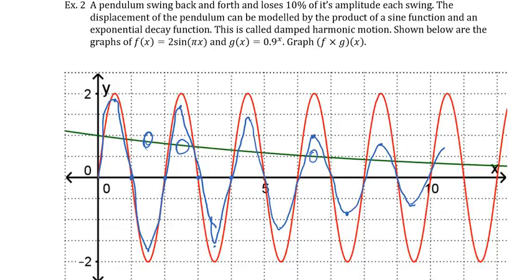So it's a sine curve that's getting increasingly smaller and smaller over time.